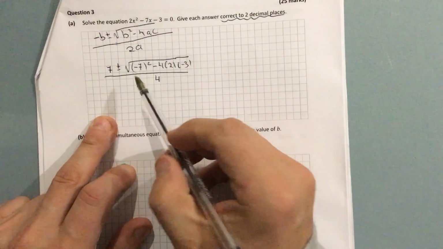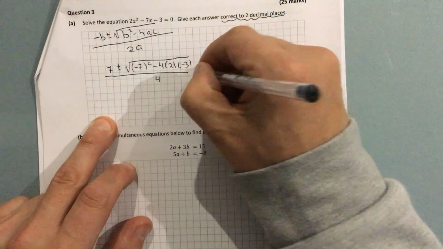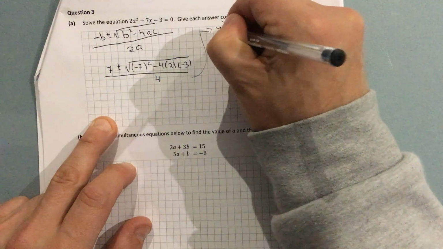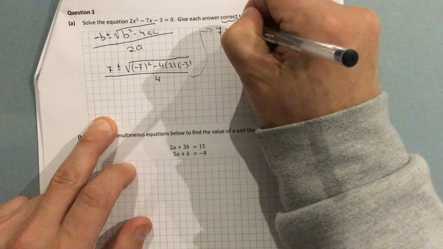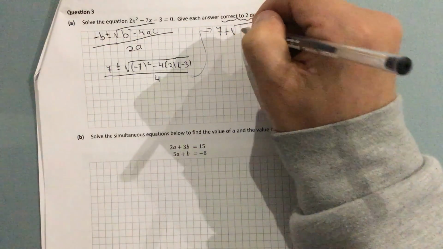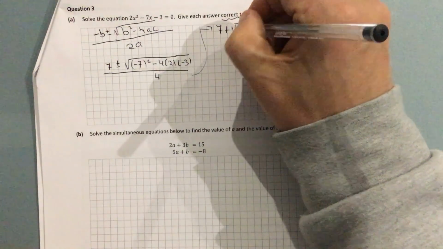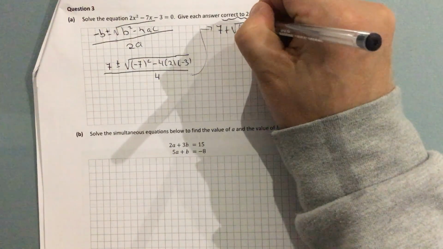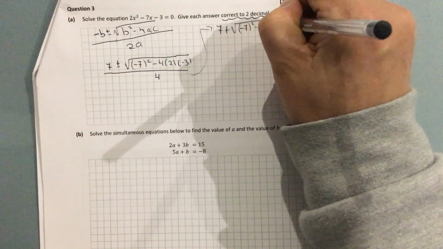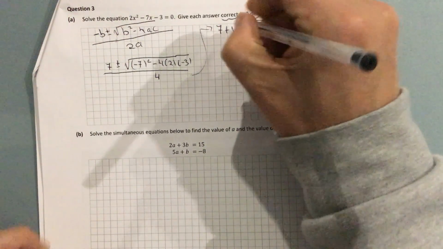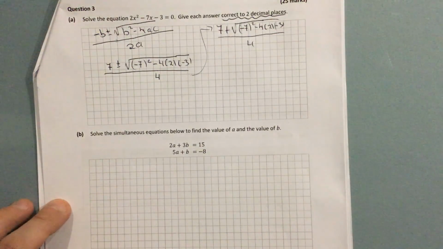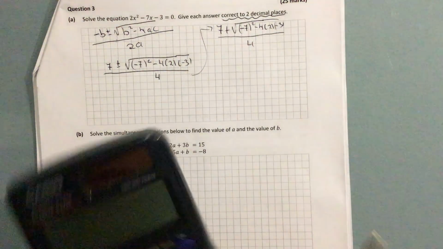Okay, so at this point now I can split it up into 2 different roots. So I can say our 2 different values, 7 plus the square root of, let's keep it simple, minus 7 squared minus 4 times 2 times minus 3, all over 4. So I'll just calculate that, into your calculator.